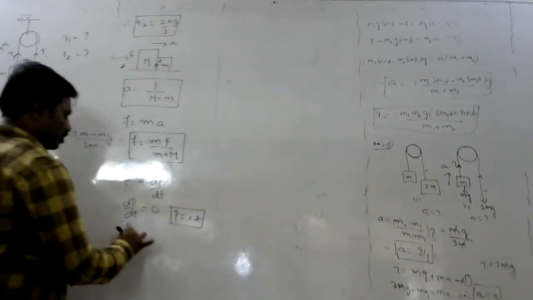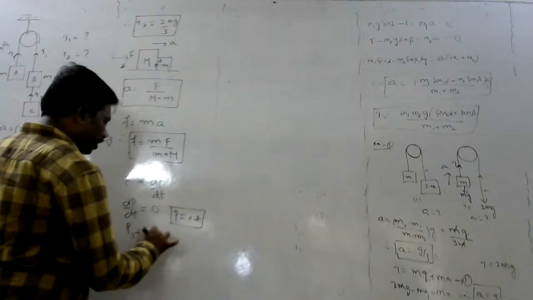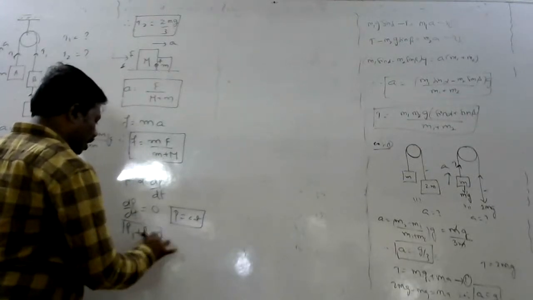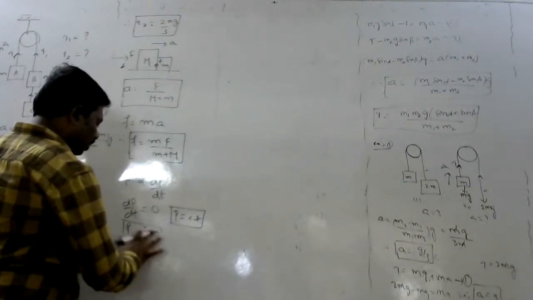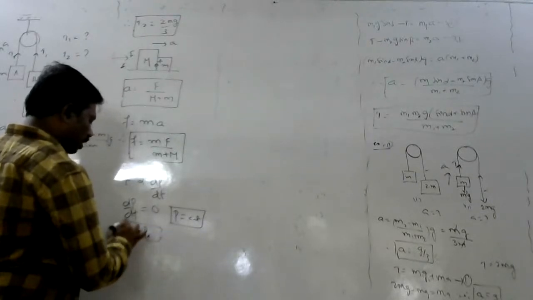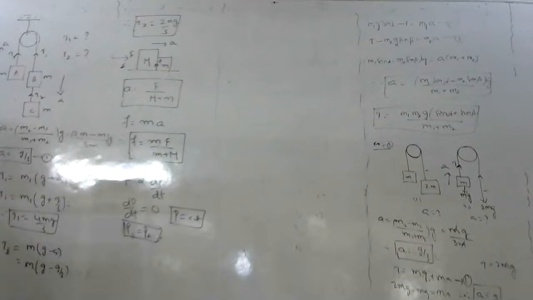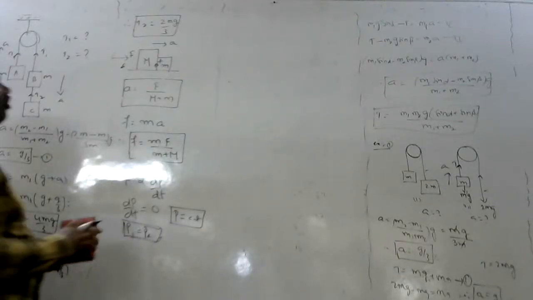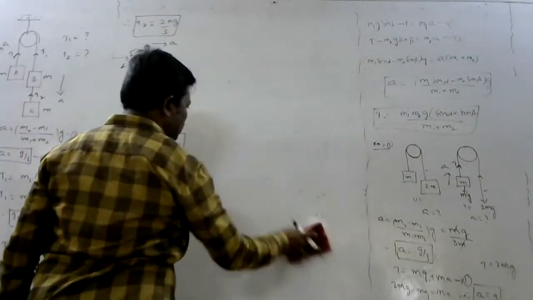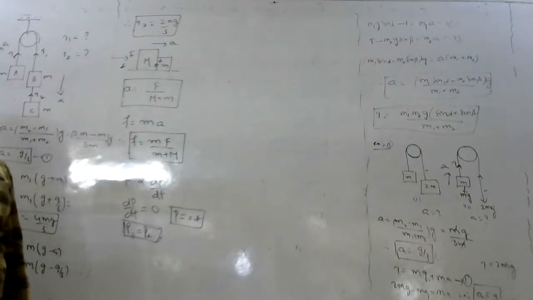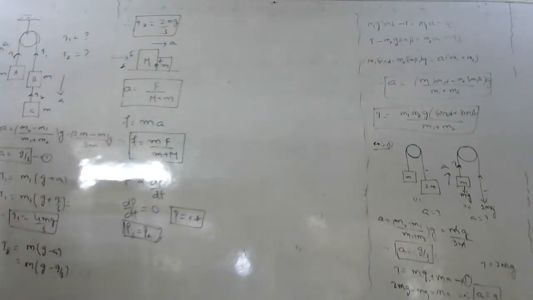Then p1 plus p2 is constant. So this is conservation of linear momentum. We have so many applications of conservation of momentum. For example, consider a gun and bullet.